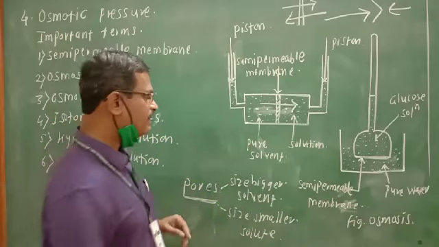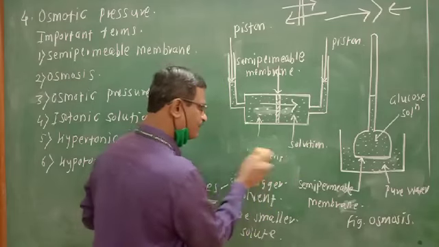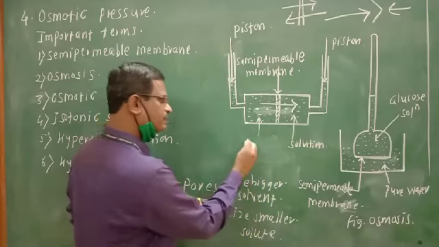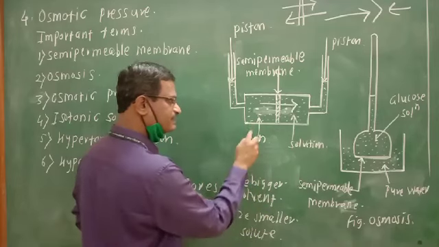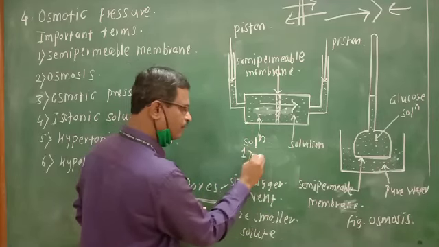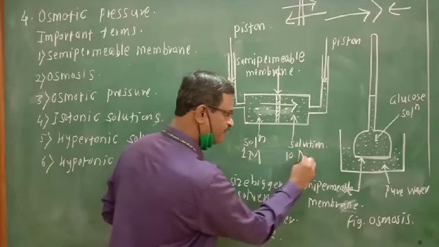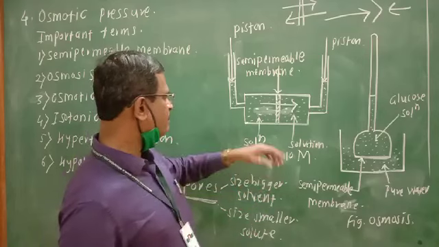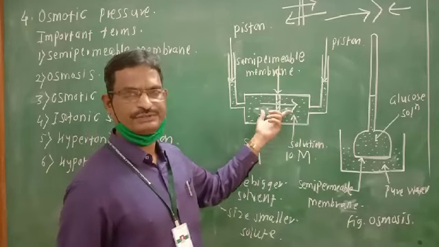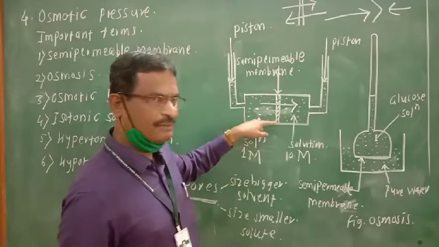On the other hand, instead of a pure solvent and a solution, suppose this is also a solution, this is also a solution. If this is a solution of 1 molarity and this is a solution of 10 molarity, now what I have done, I have separated two solutions by a semi-permeable membrane.